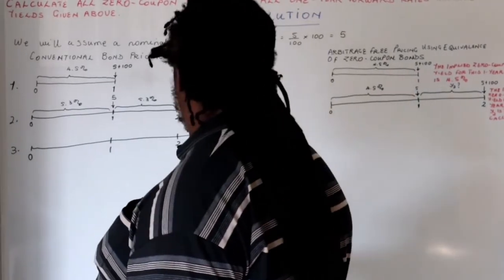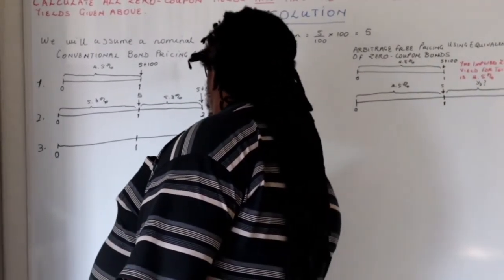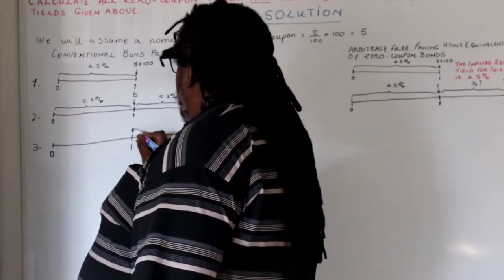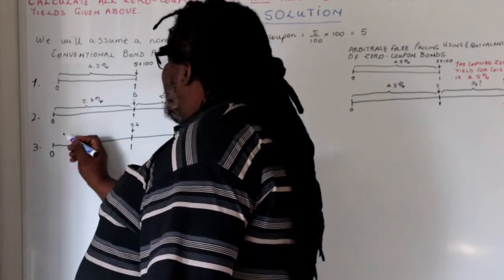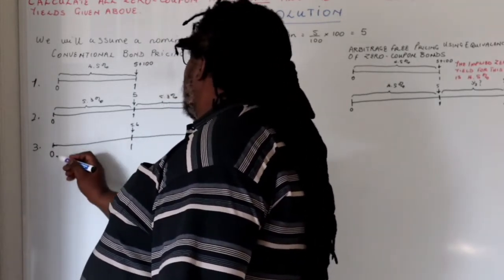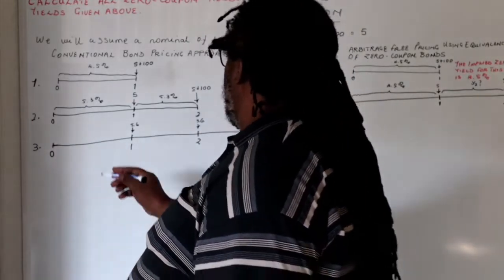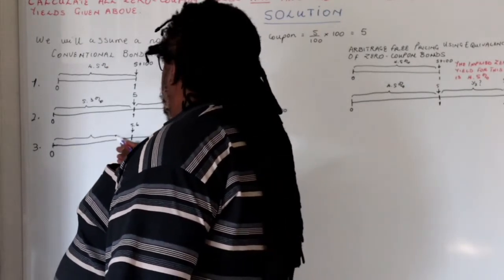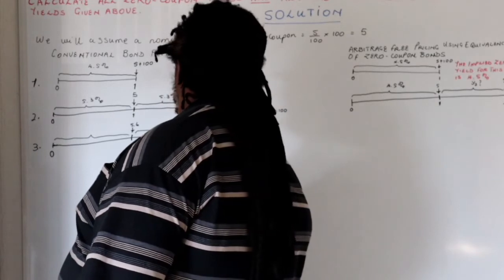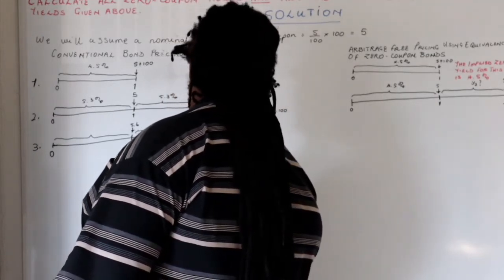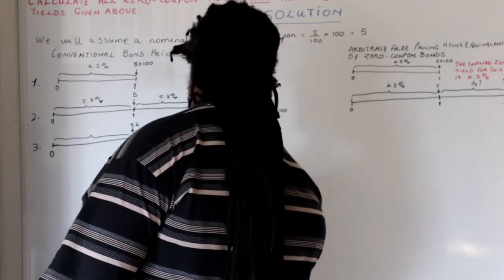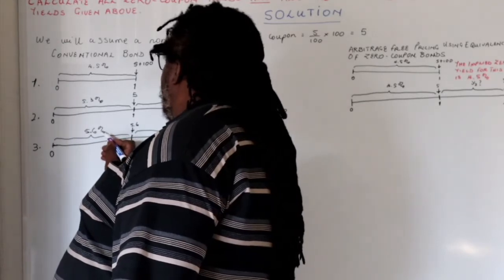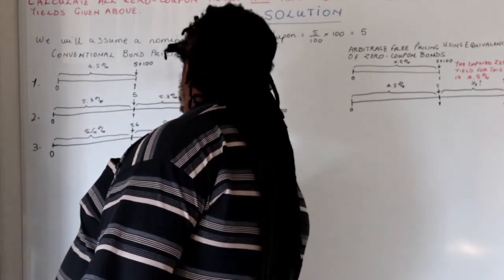It matures at the end of 3 years. And here you have your coupon of 5.6. Here you have your coupon of 5.6. And here, obviously, it's in arrears, so there's nothing there. Then from there, you see that your yield with the conventional method remains the same per annum from period to period.